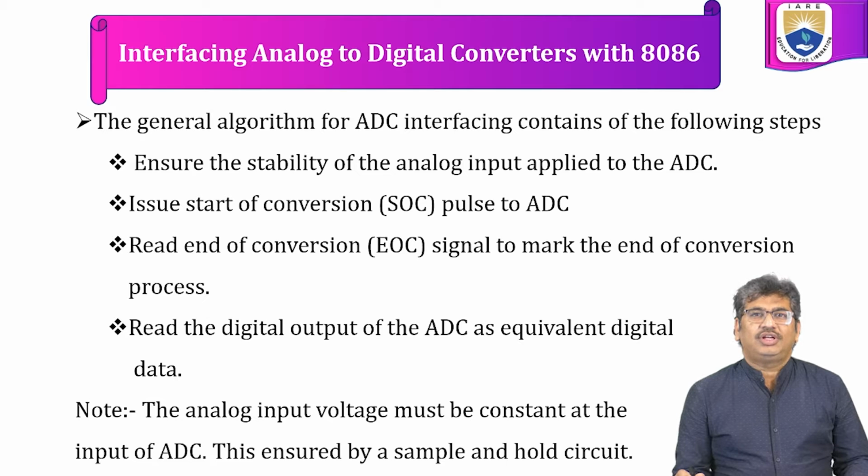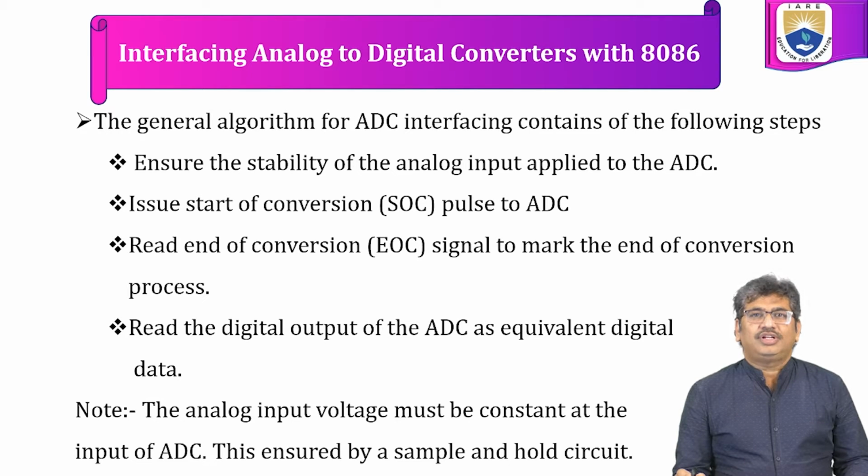So conversion of an analog signal through ADC, as the signal is changing with respect to time, is not possible directly. So we are going to use a sample and hold mechanism to sample the signal which we want to convert. Whatever the sampled signal is there, that will be given for conversion.